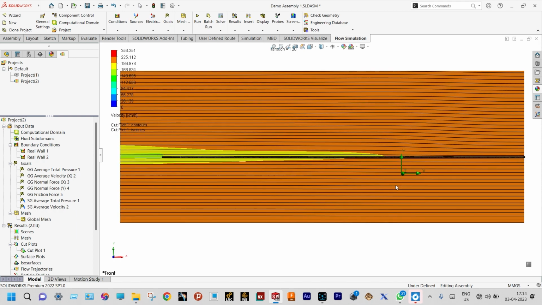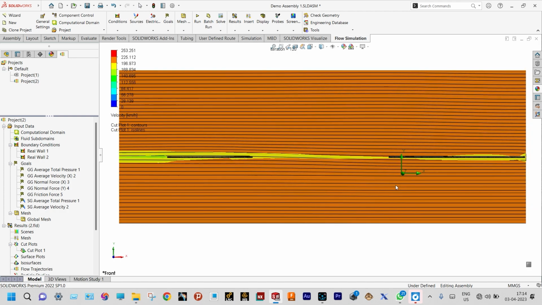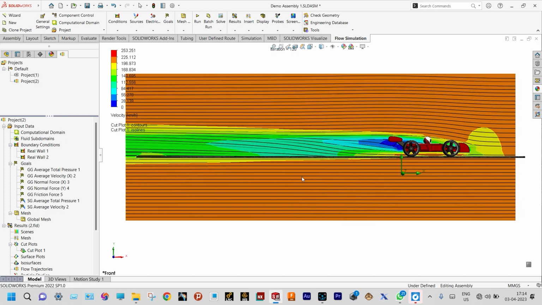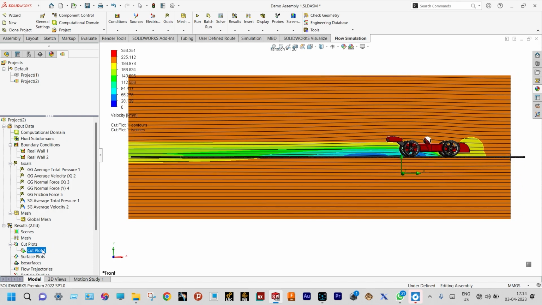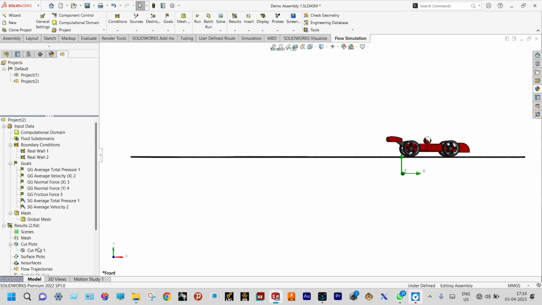You can see at different zones, different velocity ranges are available. We can view these things in a different way also, right? Let us close this, clear and hide this one, and we'll edit these cut plots.